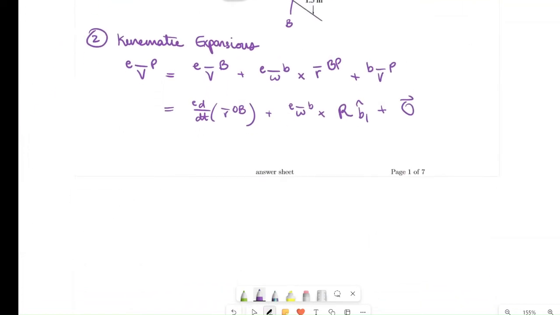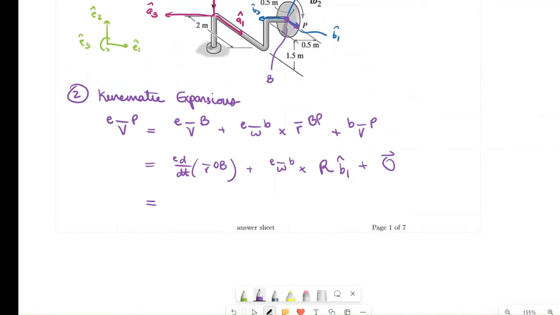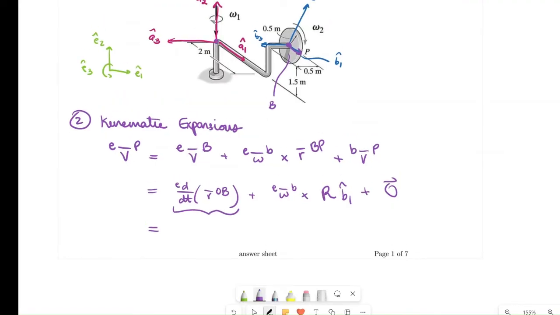Okay, so now we have this here. To find the velocity of point capital B with respect to the E frame, we have this expression here where we need to do BKE. Like before, we had picked point O, which is a point that is fixed in the E frame, as being that point there.